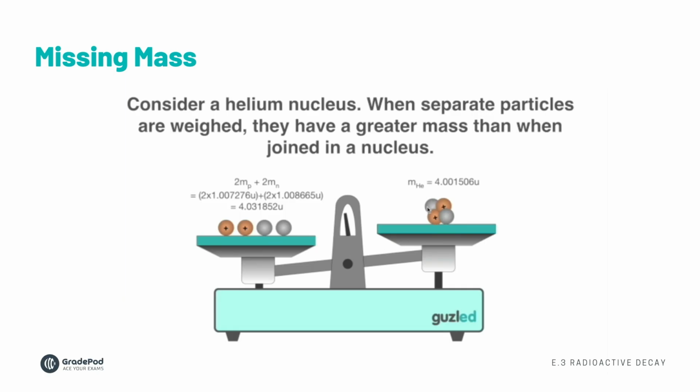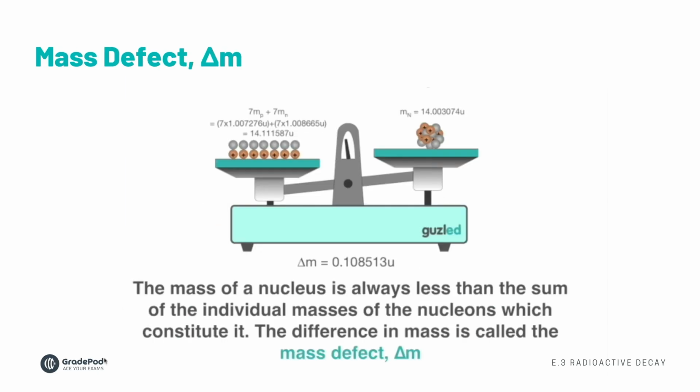When you place the helium nucleus on the balance and everything is joined together and bound together, and then you place its separate components on the other side, it's always the case that the separate components weigh more than the bound nucleus, which doesn't make sense because ultimately we've got 2 protons, 2 neutrons, 2 protons, 2 neutrons, so it should be the same. Something's wrong. Something is missing. There's a mass defect.